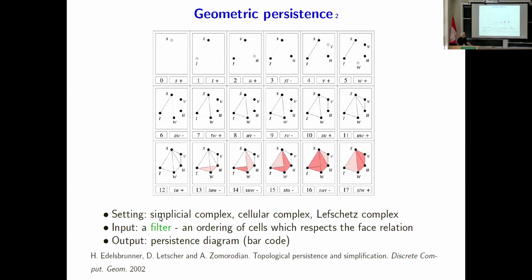And in this course, the homology generators appear and disappear. The observation of Herbert and his co-authors, Letscher and Zomorodian, in that paper was that every time you add a simplex, either you produce a homology generator or you kill a homology generator. There are no other options.